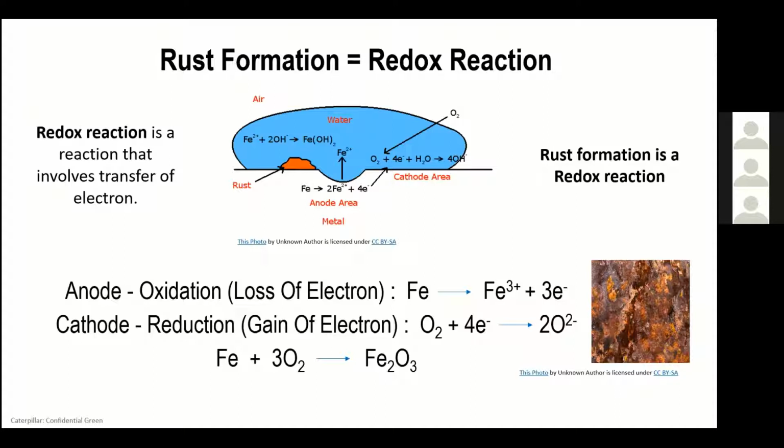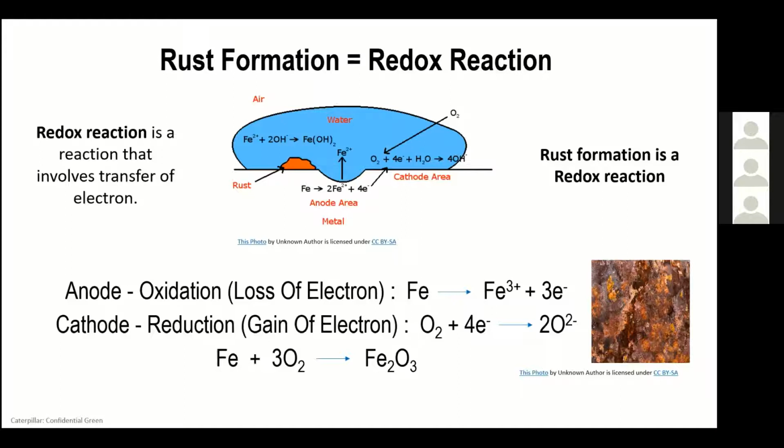Iron wants to give up those electrons, and it's going to give them up and go to the cathodic area, or the cathode, and then the iron ions are going to go into the solution, and that really promotes the whole corrosion process because it's going to form with the water.